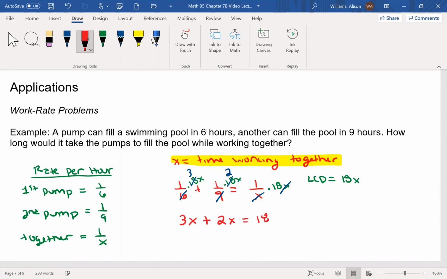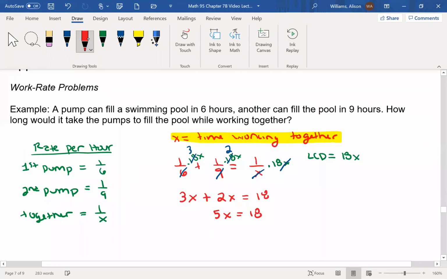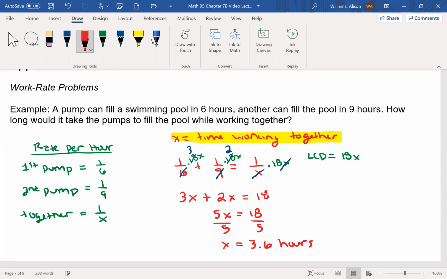All right, so 3x plus 2x is 5x, and dividing both sides by 5, plug that into the calculator, you're going to get 3.6. And since this is their time working together, that would mean 3.6 hours. They're going to finish the job in 3.6 hours if they work together. That totally makes sense.